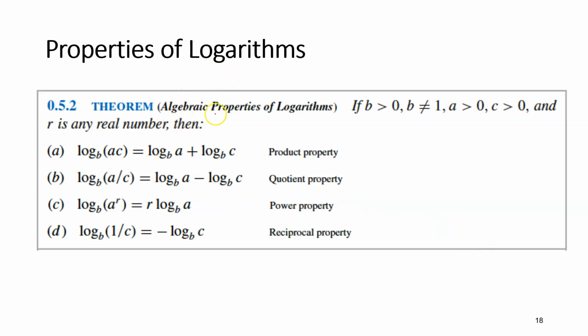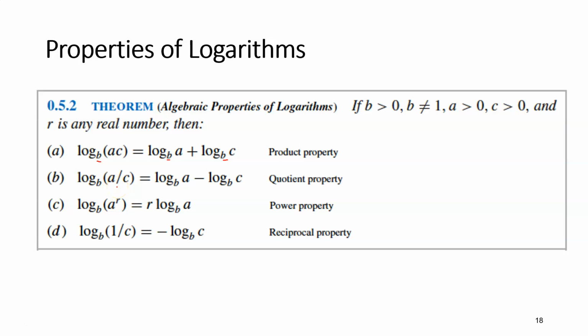Theorem, this is algebraic properties of logarithms. The first one, log AC base B. This one is multiplication, right? Hasil darab. You can write it down using this one. This is a product property, hasil darab. So you can decompose dia, tulis semula dalam bentuk macam ni. Log A plus log C, dengan syarat dia punya base mesti sama, B and B. Okay, the other one is quotient property, hasil bahagi.